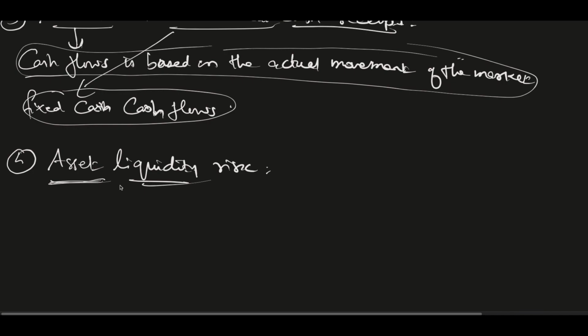Marketable securities have less liquidity risk, and something like real estate or plant machinery has high liquidity risk. So you have to make sure that you invest in marketable securities, so that when you have to pay off the liabilities, you are able to pull cash.